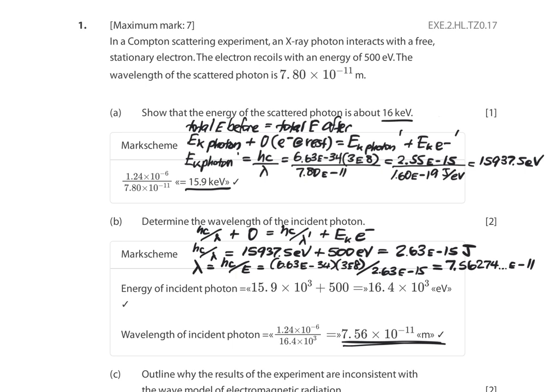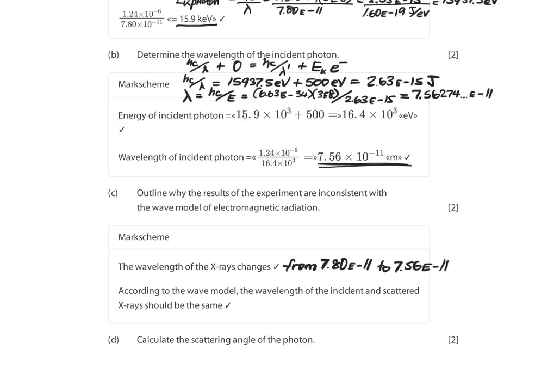Next. 1c says, why were the results of the experiment inconsistent with the wave model of electromagnetic radiation? Or in other words, how is Compton scattering an example of light as a particle?